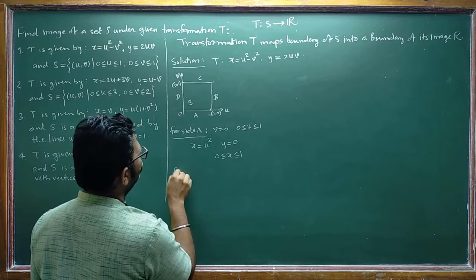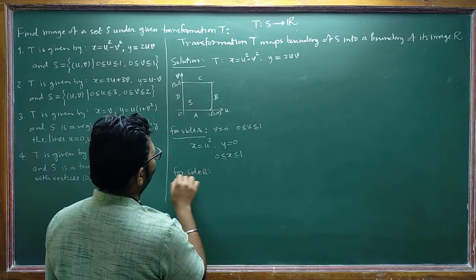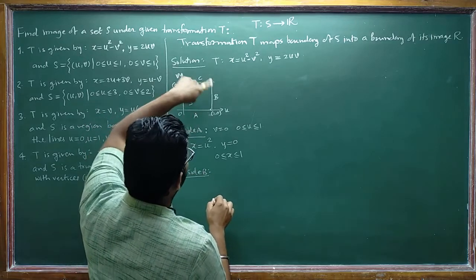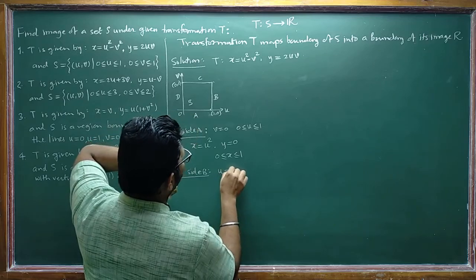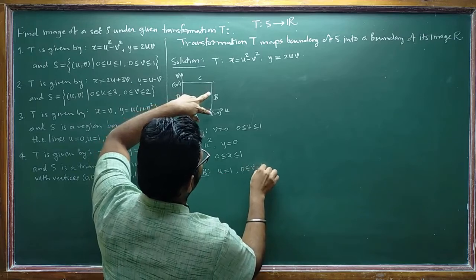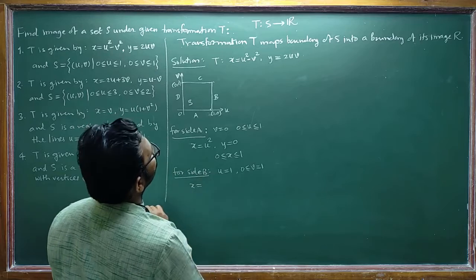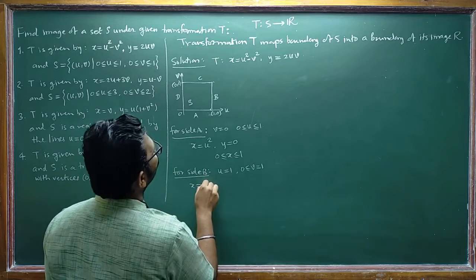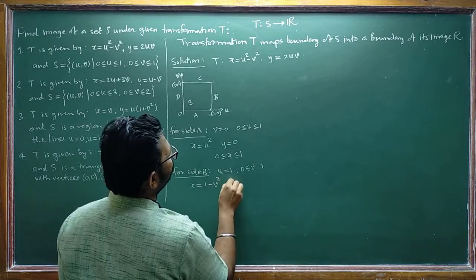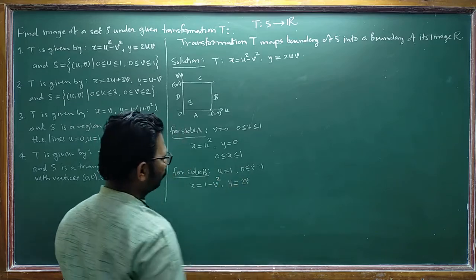What happens to side B? Side B is u equal to 1, and v varies from 0 to 1. With these equations, x is u square minus v square, so it is 1 minus v square. y is 2 times uv, and u is 1, so y is 2 times v.